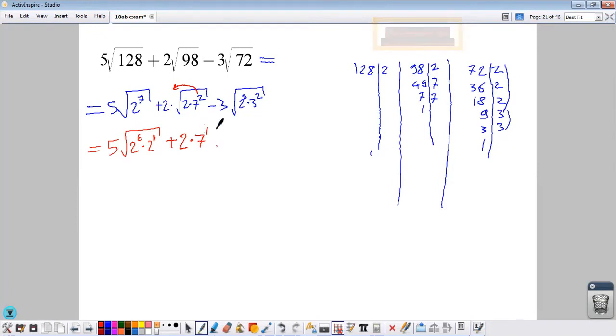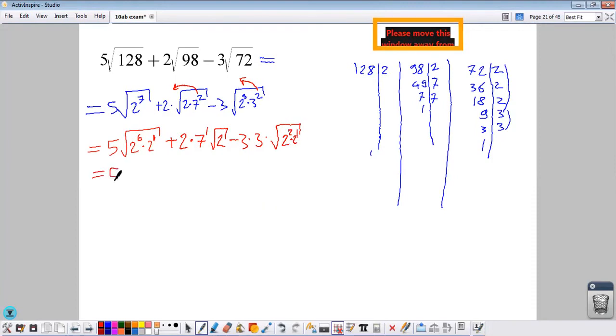And inside the square root, we have the number 2 minus 3 times the 3 squared can be moved out as 3. And inside the square root, here we have 2 cubed from here. So I'm going to arrange 2 cubed as 2 squared and 2 to the power of 1.